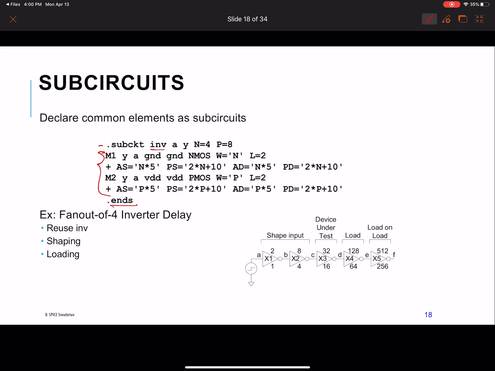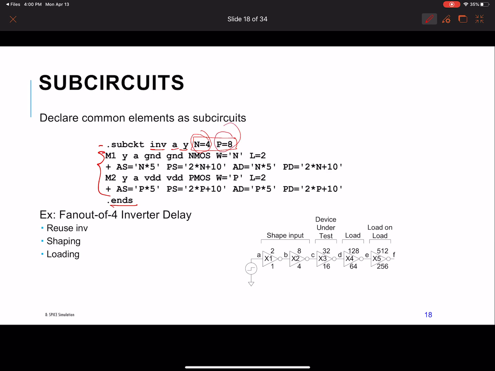The subcircuit name is inv, and it has these two nodes, A and Y. Then it has parameters that get passed on to the subcircuit, and you can call this in your top circuit in different places. So you can just drop in inverters and use these parameters to decide how big they are.